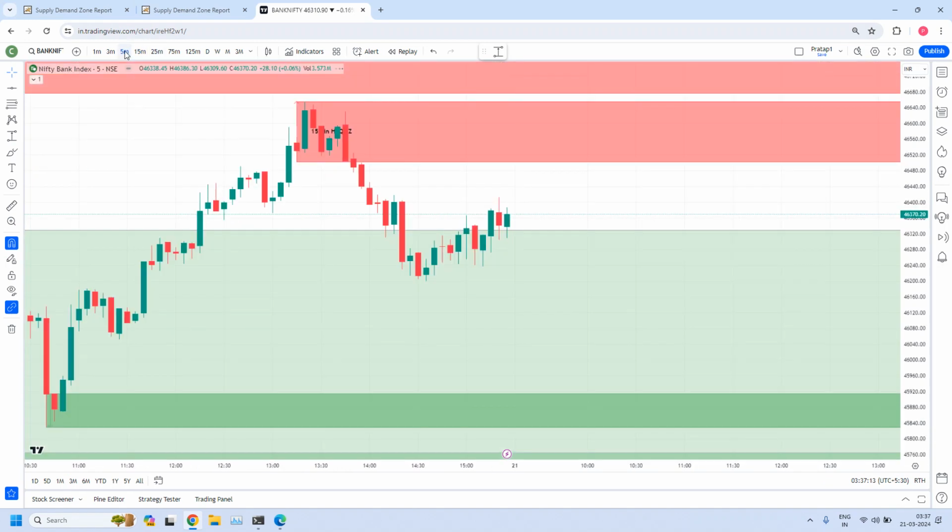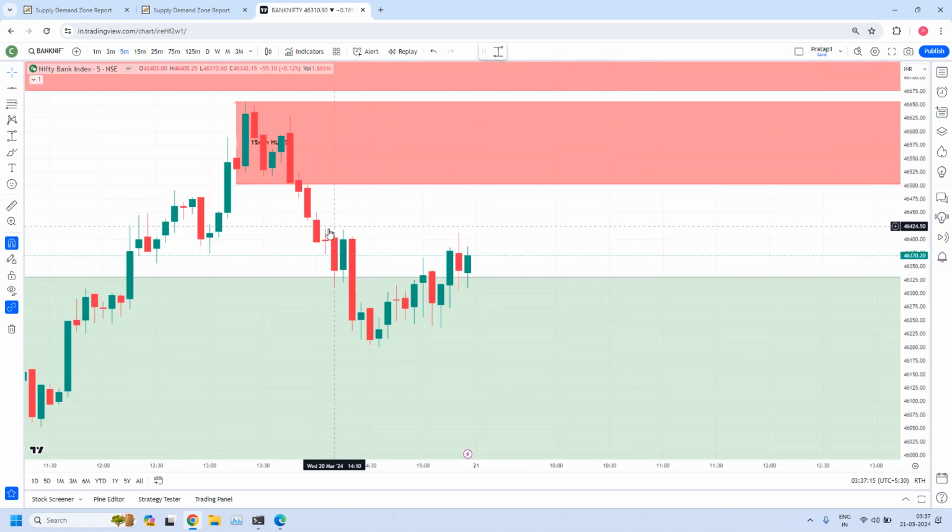Let me go to 5 minutes. Yeah, this is the 13:55 candle. 1, 2, 3, 4. These 4 it considered as base candles and a drop candle. The reason is in 15 minutes and 5 minutes, I'm looking for huge base candles, or the base candles should completely come out of the zone.